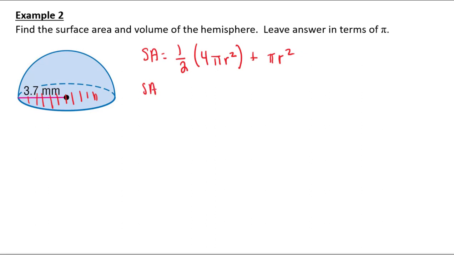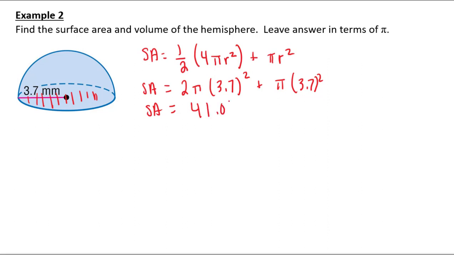I haven't looked at the book yet. 1/2 times 4, well, that's 2 pi times 3.7 squared plus pi times 3.7 squared. So that all works out to be 41.07 pi millimeters squared.